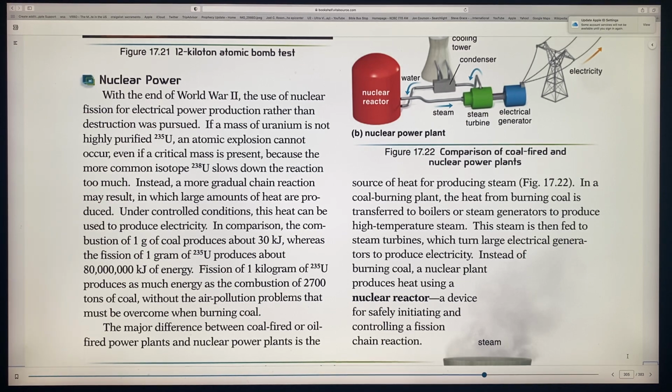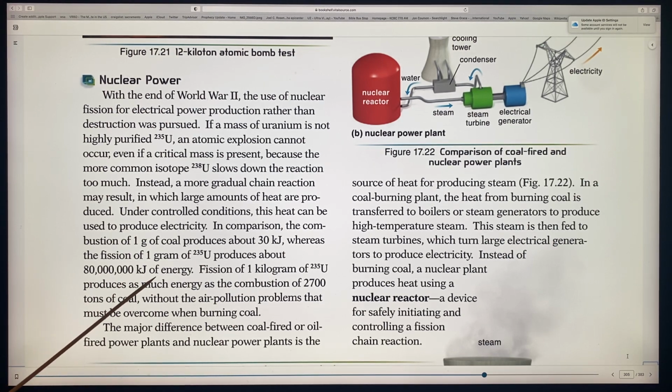235. And so in comparison here, it says 1 gram of coal produces about 30 kilojoules of energy, whereas the fission of just 1 gram of uranium produces how many kilojoules? 80 million kilojoules compared to just 30.